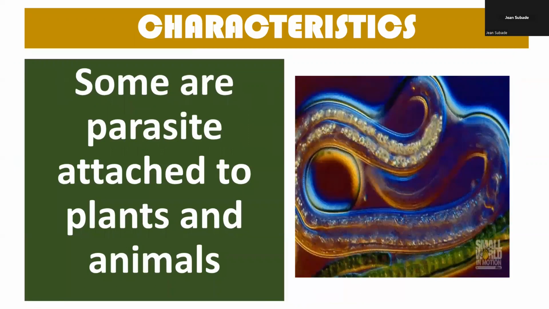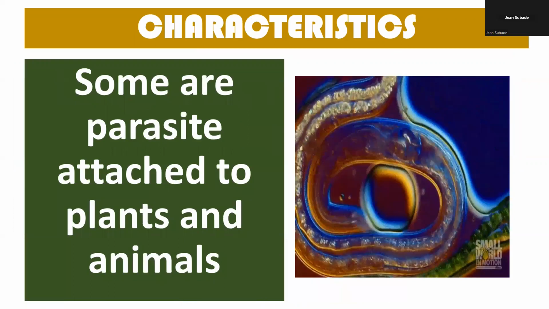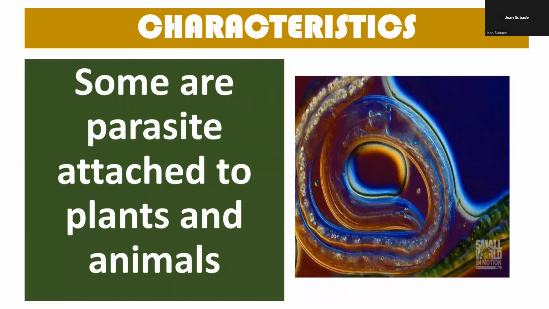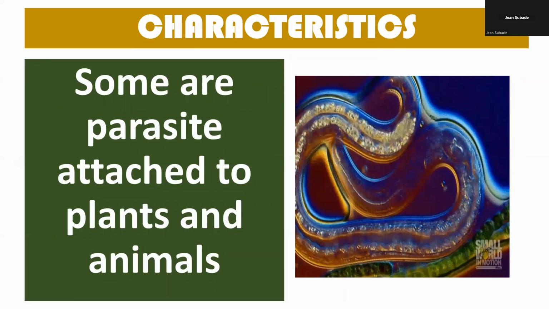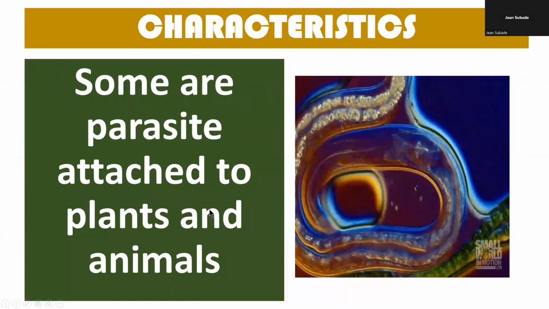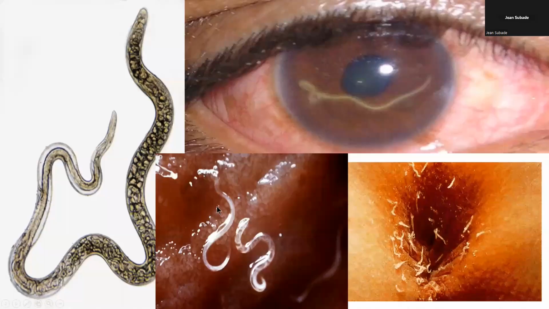You will see them attached to parts of plants, and some live in animal tissue. They are parasitic and depend on the host. The ones I can recognize are the pinworms that live in the anus, and the ascaris that live in the intestines of animals.